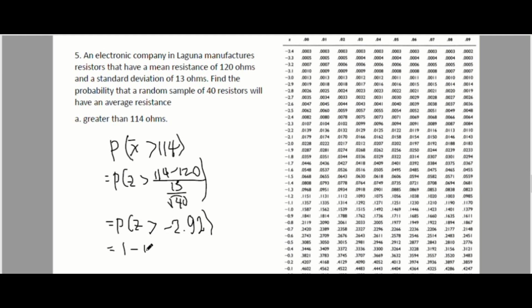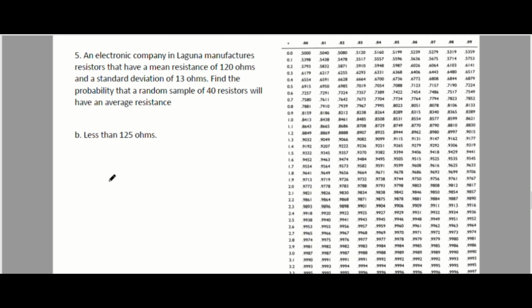Since this is greater than, our strategy is 1 minus P, Z less than negative 2.92. What is negative 2.92? 0.0018. So this is now 0.9982 or 99.82%. So in this problem, the probability that the sample mean of these 40 resistors is greater than 114 is 0.9982.